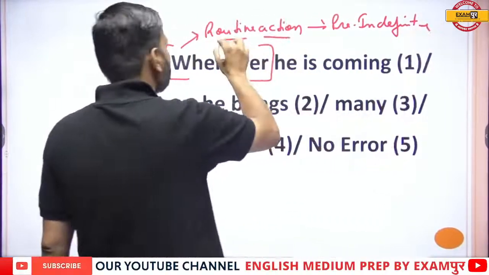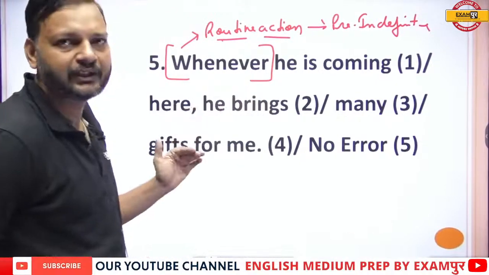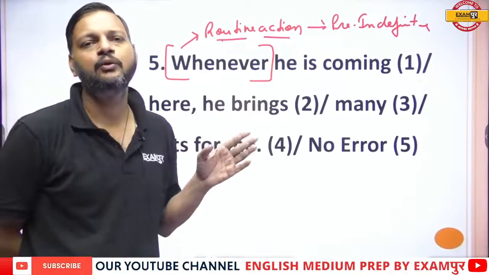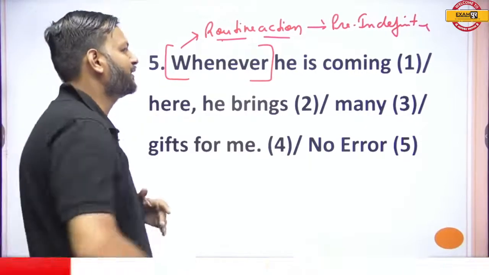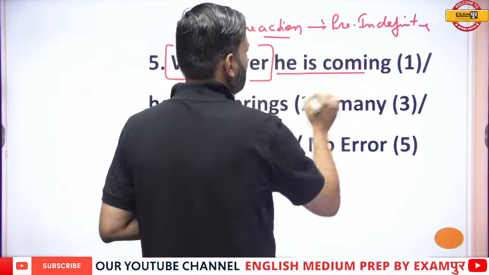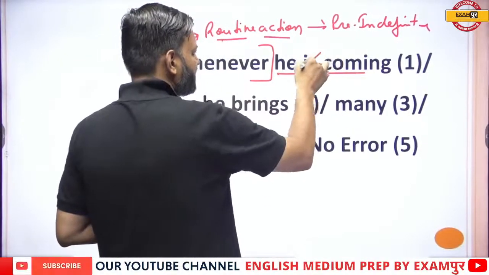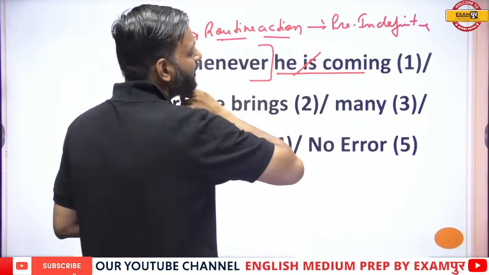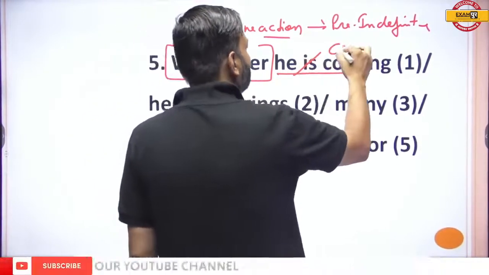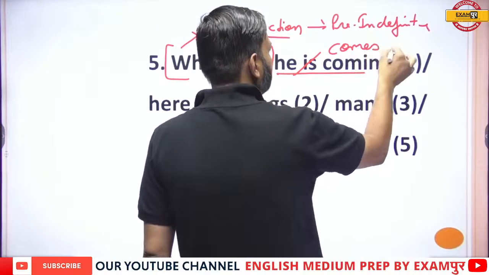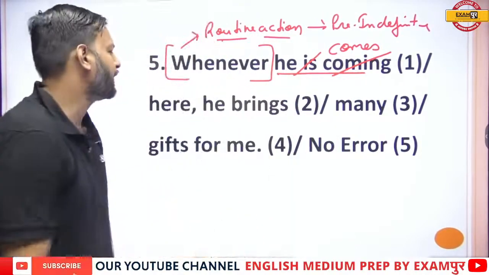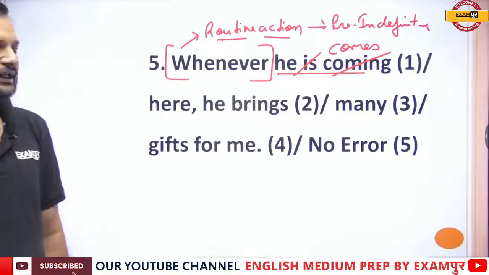So whenever refers to a routine action, and routine action refers to present indefinite tense, but the tense here is present continuous, which is wrong. So you have to change it in present indefinite. So eliminate this is and change coming into comes. Okay, so whenever he comes here, he brings many gifts for me.